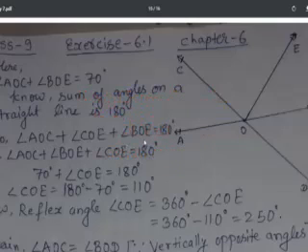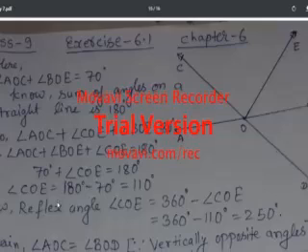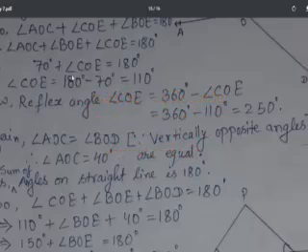AOC and BOE, their sum is already 70 degrees, so 70 plus angle COE is equal to 180 degrees. In the same way, angle COE is equal to 180 degrees minus 70 degrees, that is equal to 110 degrees, okay?